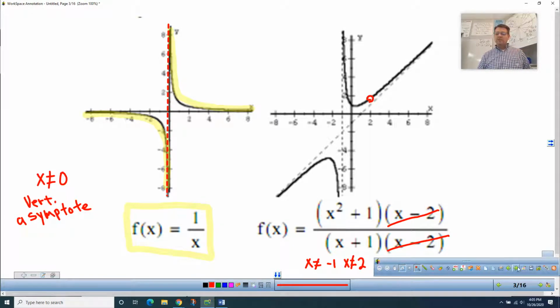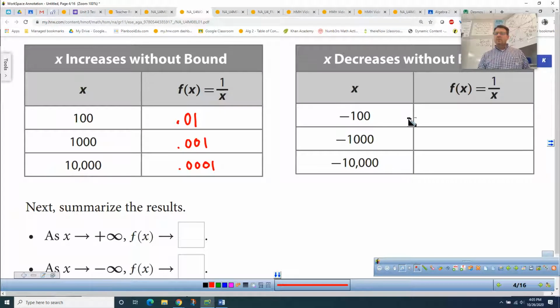But let me get back here and finish the job. What if we come from the other side? Maybe that's how you have to do this. Well, okay, let's go from the negative side. Well, all that does is give us -0.01 and -0.001. It's never going to make it to 0.